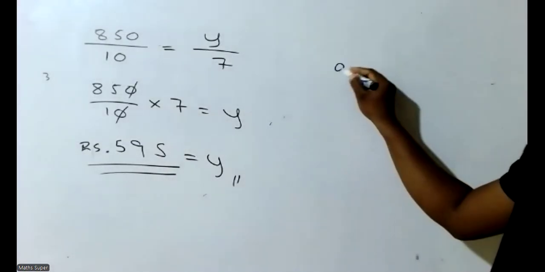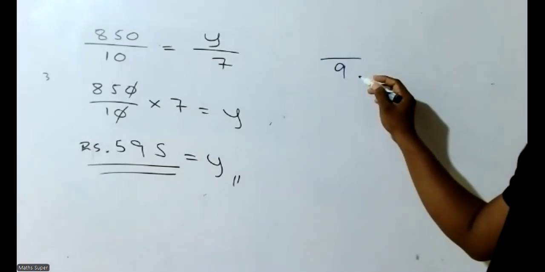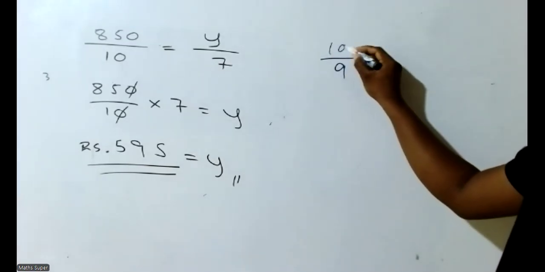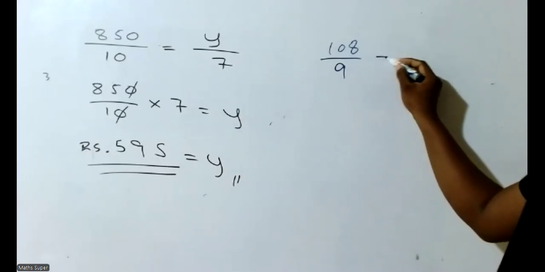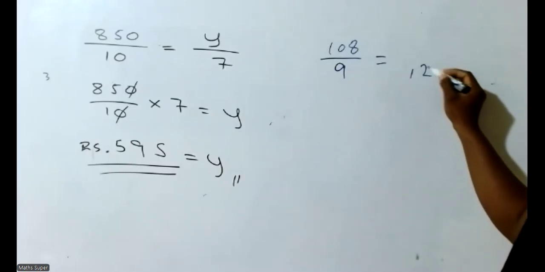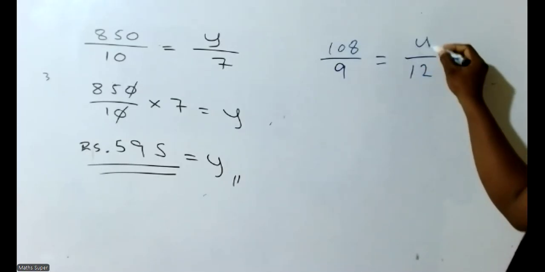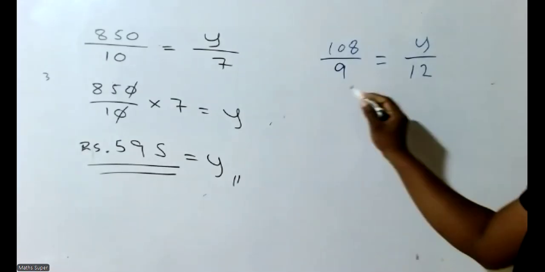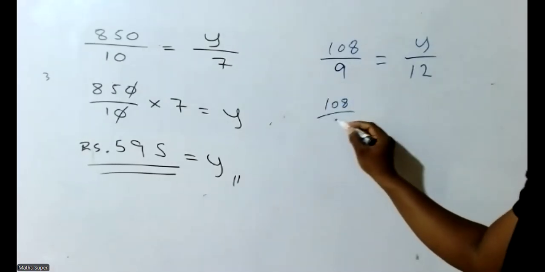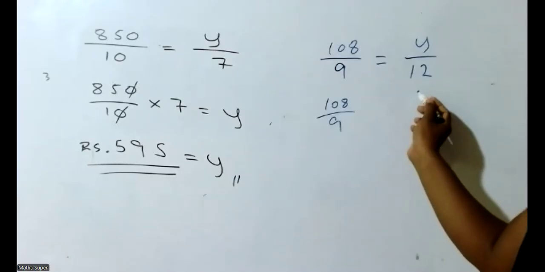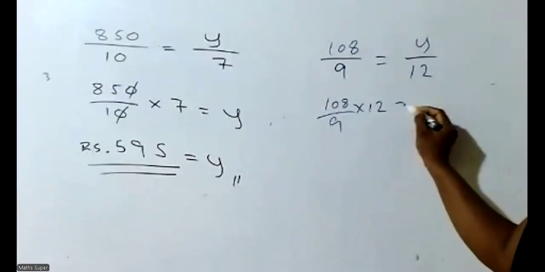9 cubic centimeters, 108. 12 cubic centimeters. That's all. 108 divided by 9. We have to take this 12 from here so it becomes multiplication.